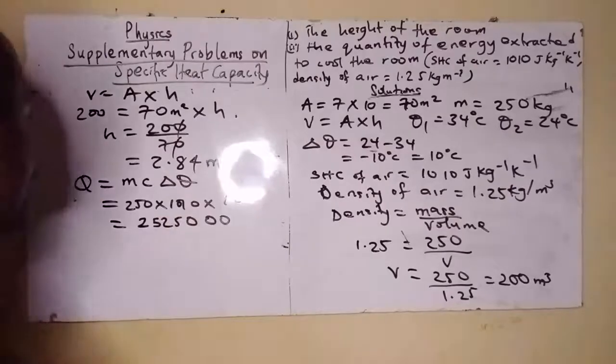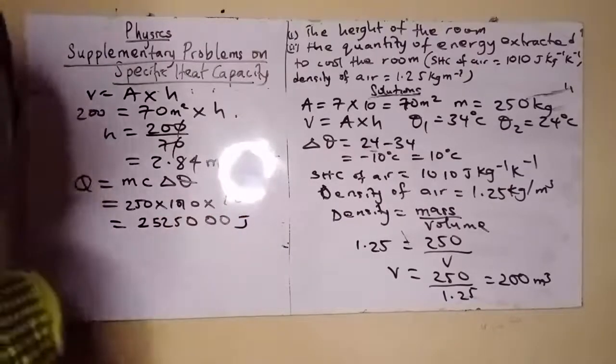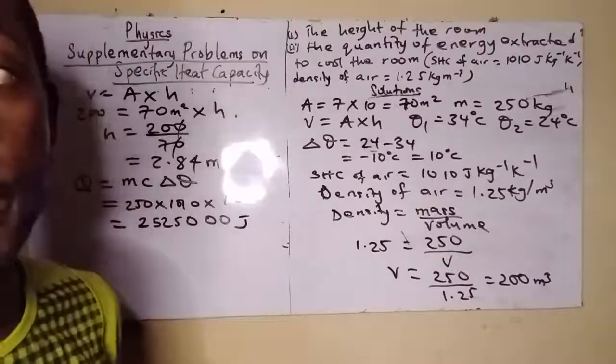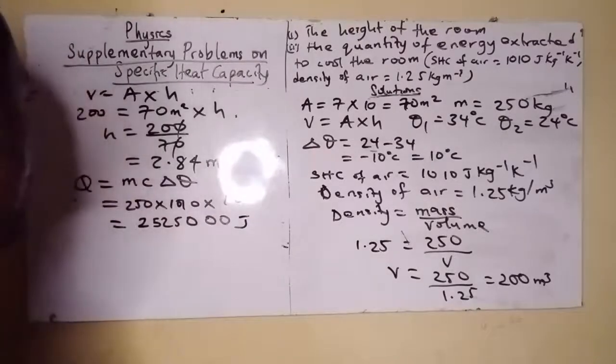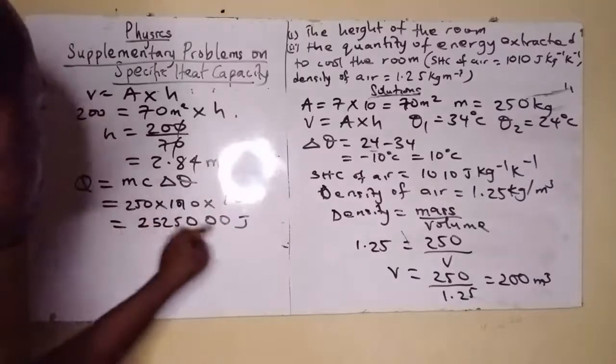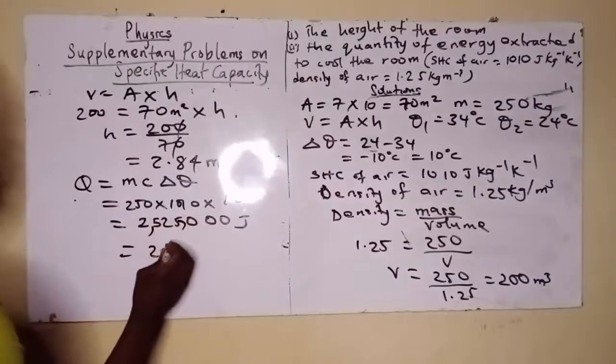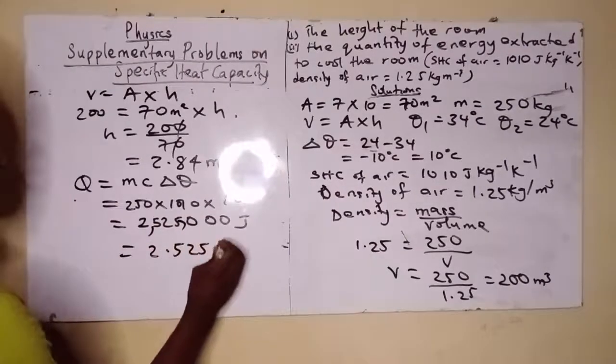So it's going to be 2525 joules. This is the amount of heat energy to be extracted from the room, because you have to multiply these together. And I can say it is 2.525 megajoules.